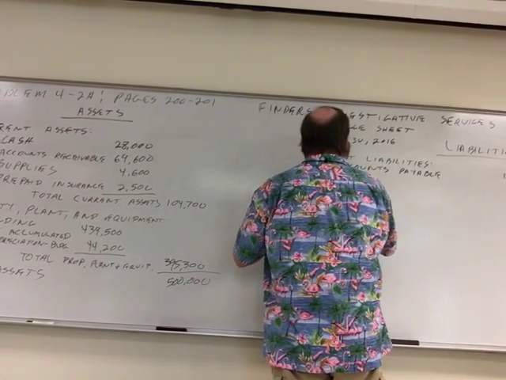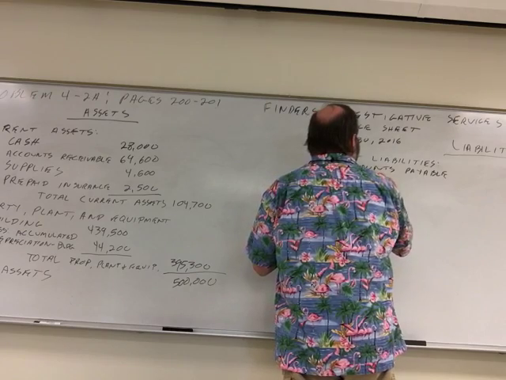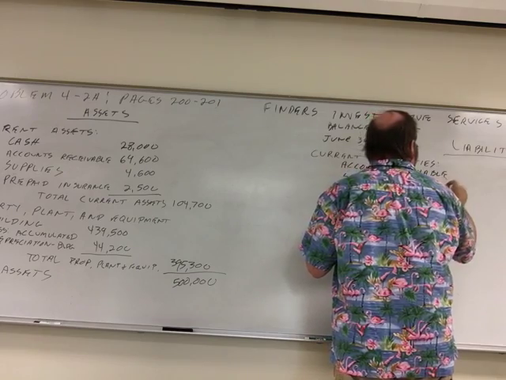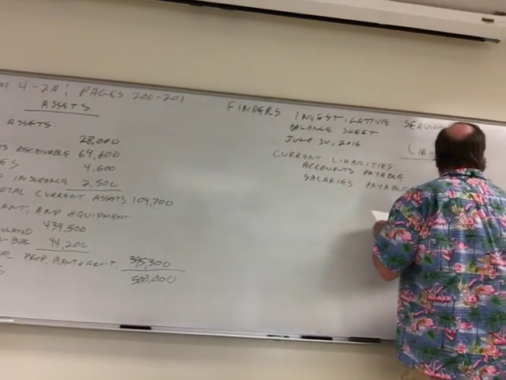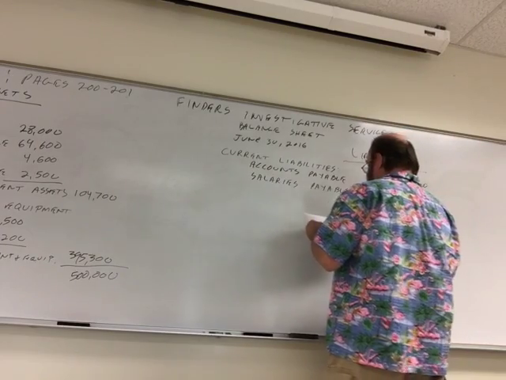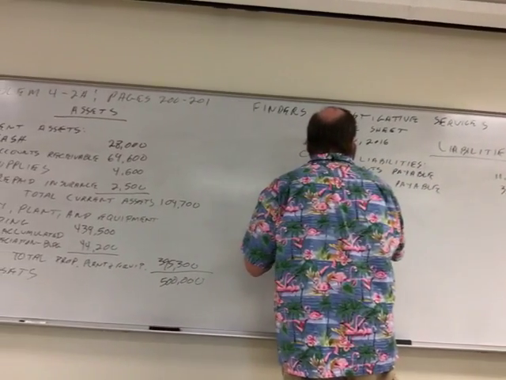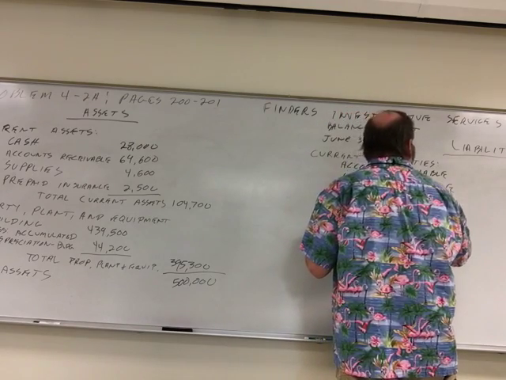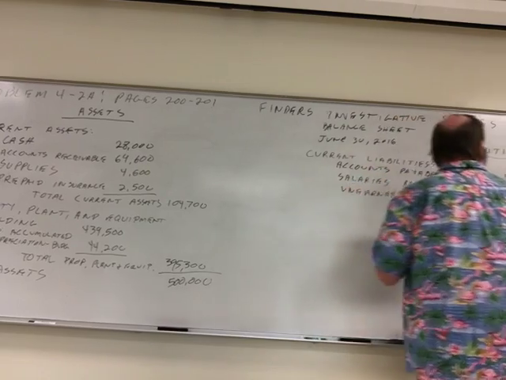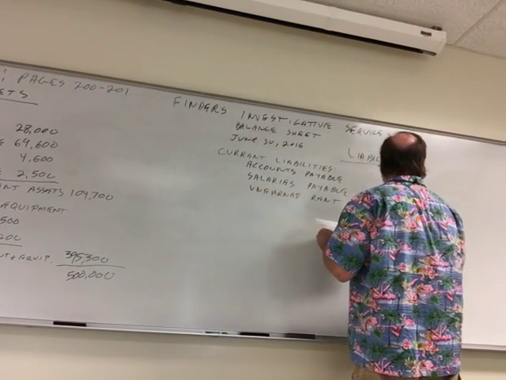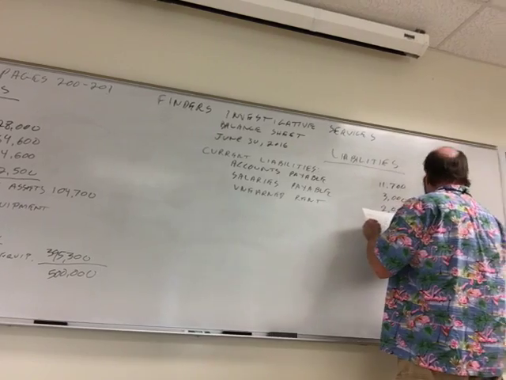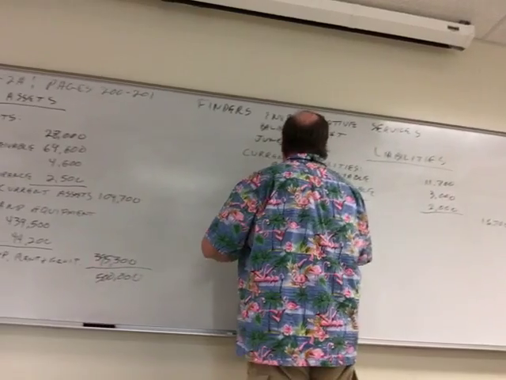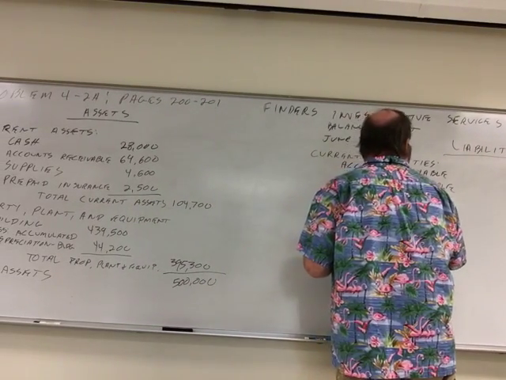And they have some salaries payable, $3,000. And they've got some unearned rent, $2,000. Add all that up, that totals $16,700, and that's total liabilities.